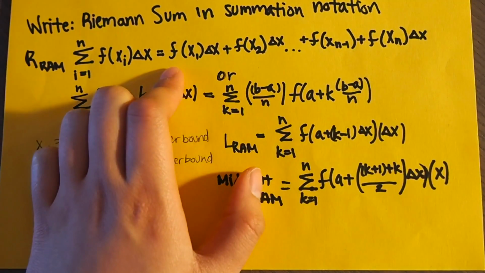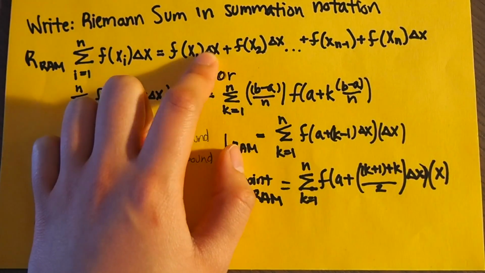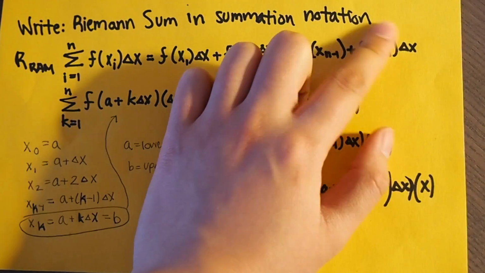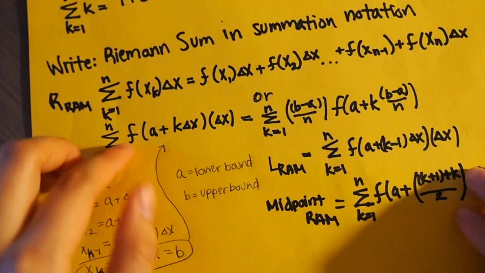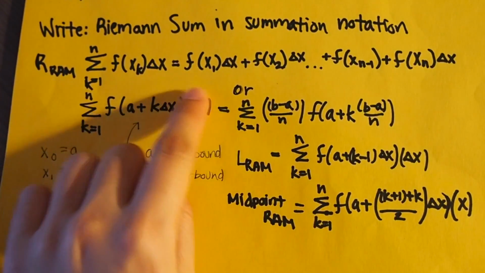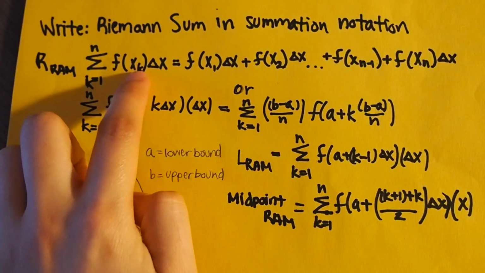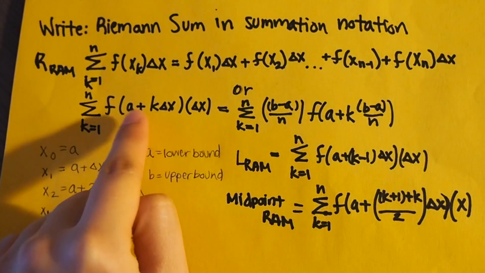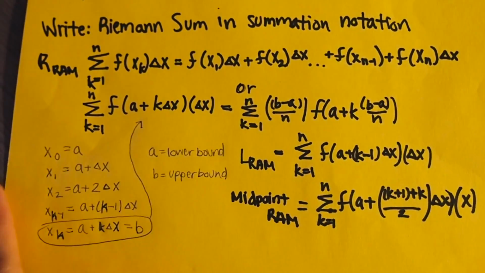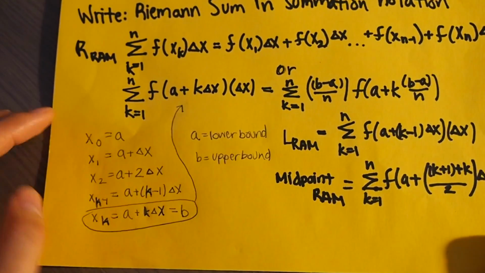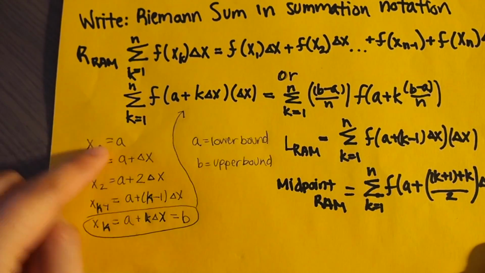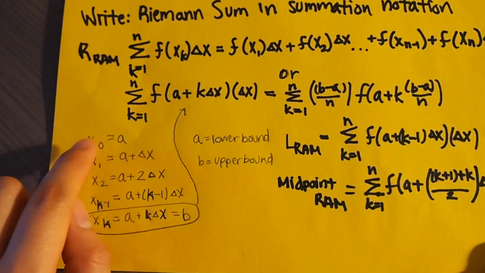So you'll find that it's basically the area of one rectangle, the second rectangle, all the way until the last rectangle. A Riemann sum can also be expressed a different way. Not just this formula, but also this one, because you could replace this x of k with a plus k times the delta x. As we learned in sequences, in order to find the next value, you have to add the different changes.